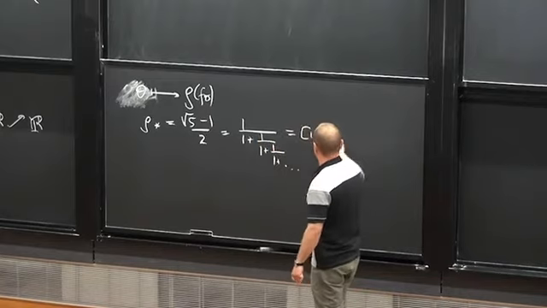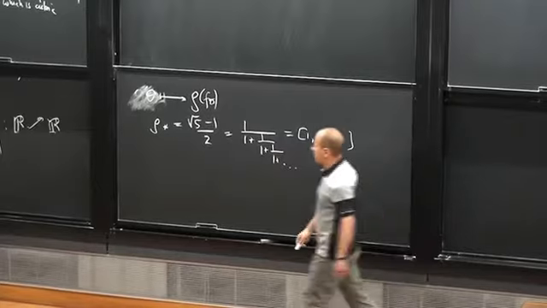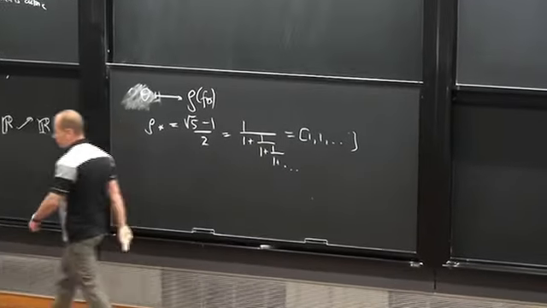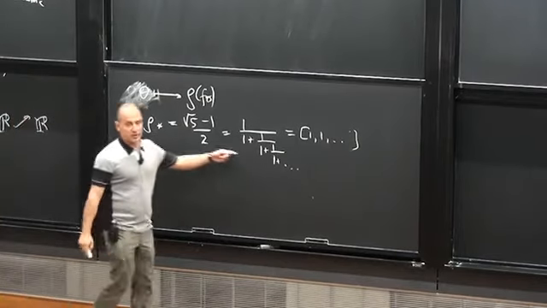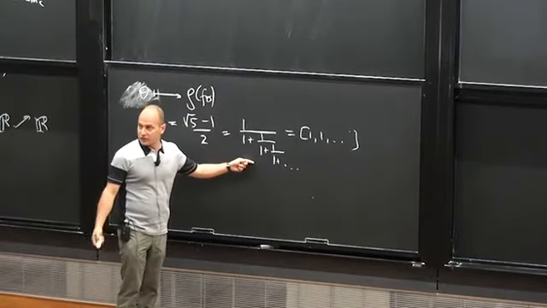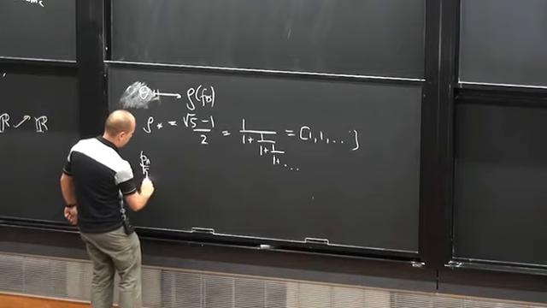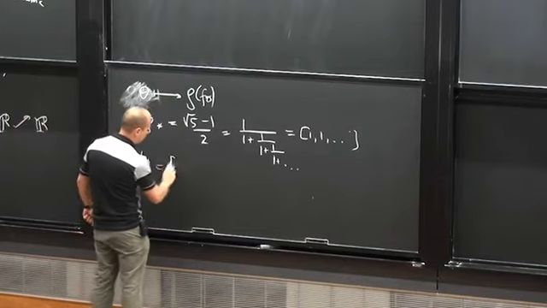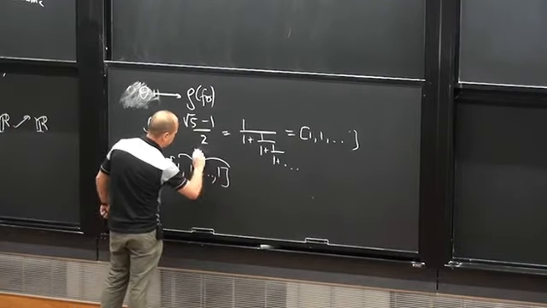To save space, I'll write such fractions in brackets. Now, consider the sequence of rational convergents of this continued fraction. That would be Pn over Qn, rho n, which is given by the fraction with n ones.